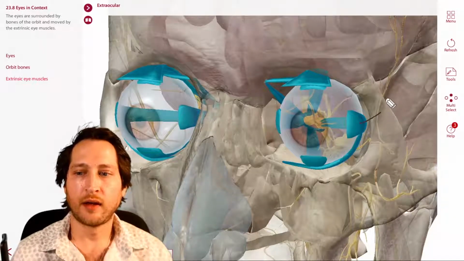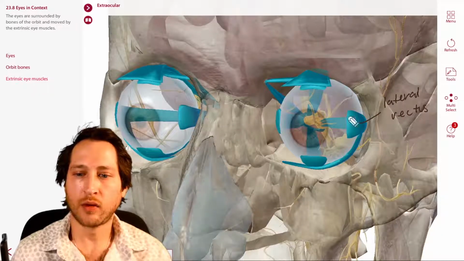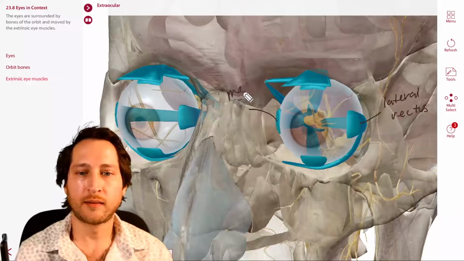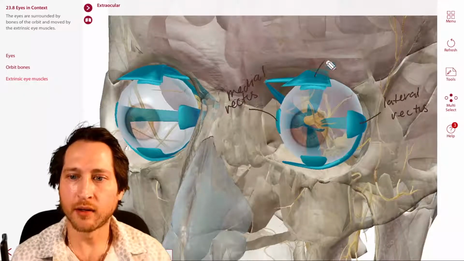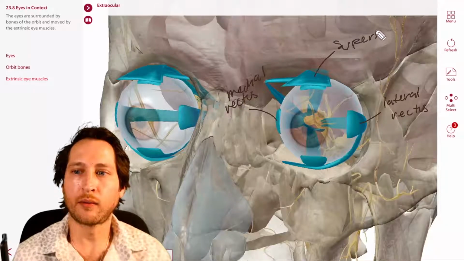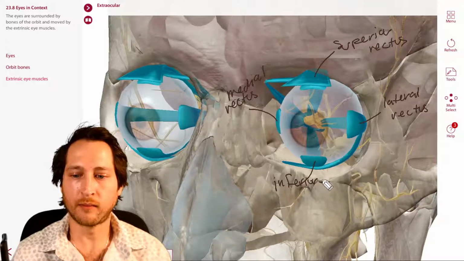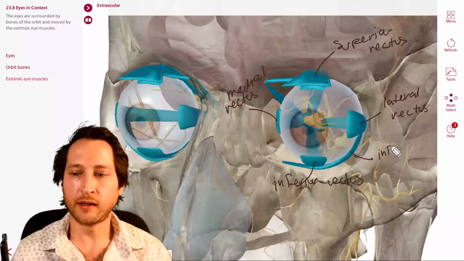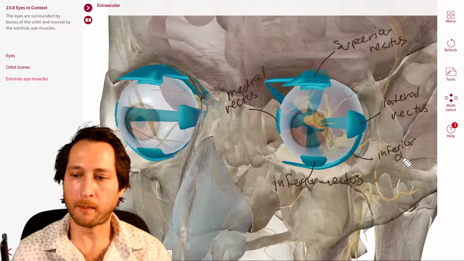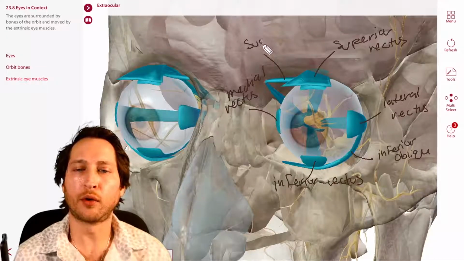So we have the lateral rectus, the medial rectus, the superior rectus, the inferior rectus, the inferior oblique, and then the superior oblique.